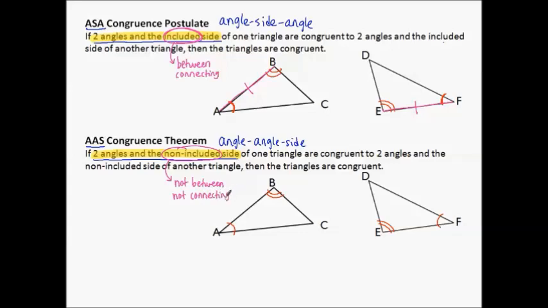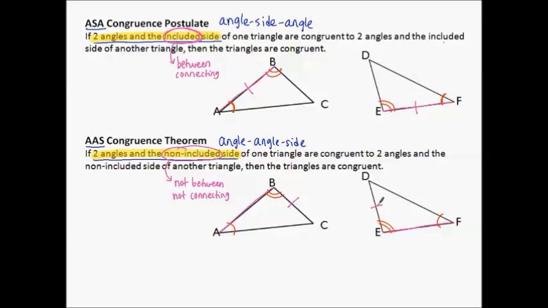So if we look at the side that's connecting from A to B, that's this side. So I need to have marked one of the other sides, such as BC and ED. Notice how this is the side connecting angle to angle. Therefore, this is a side not between an angle, and a side.